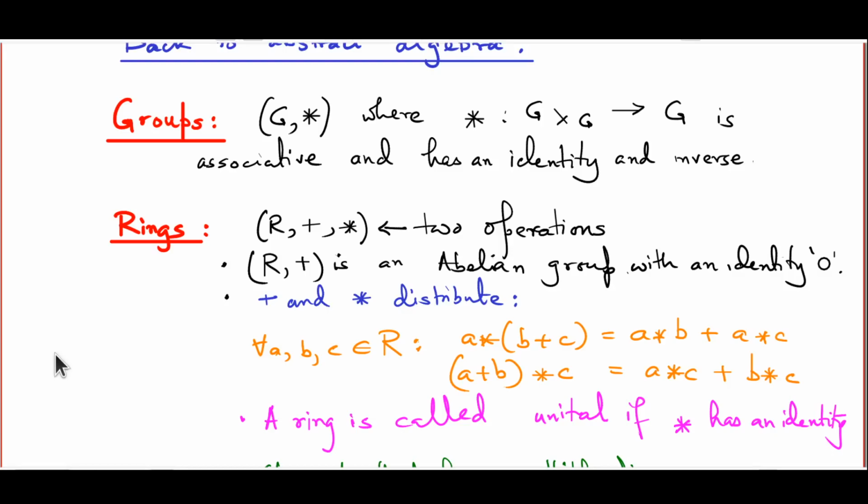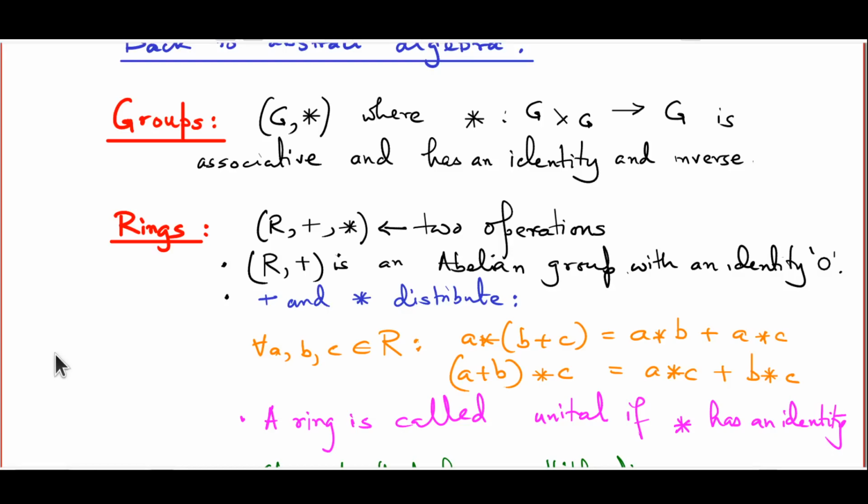And the important point is the other operation star works well with this operation plus, in the sense that plus and star are distributive, just like multiplication and addition are. So for all A, B and C belonging to the set R, A star (B plus C) is going to be equal to A star B plus A star C.